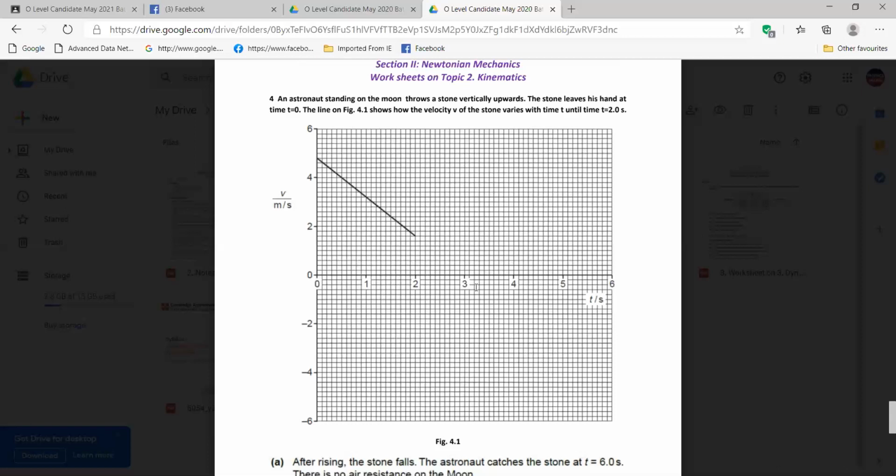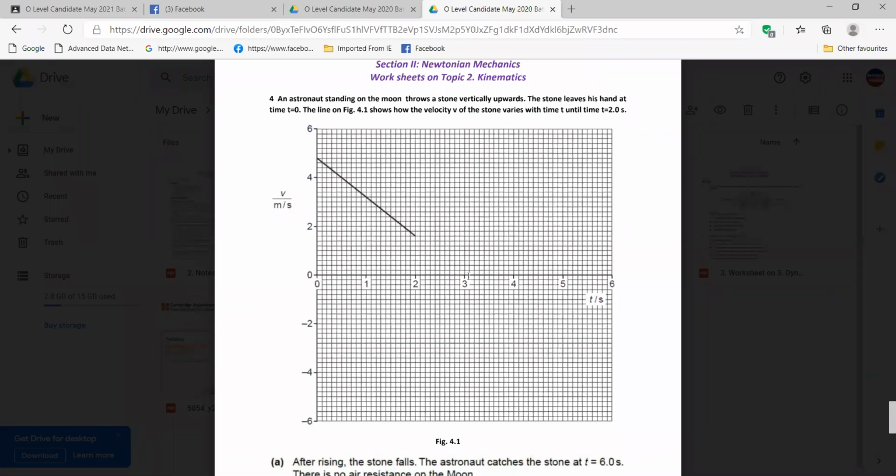And after 2 seconds, if we continue this straight line, we will see that the graph is crossing 3 seconds.